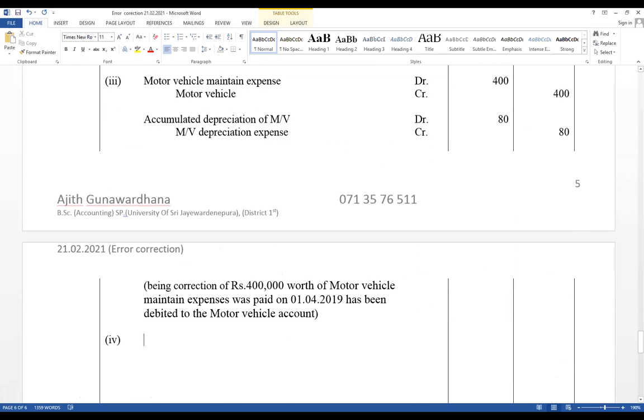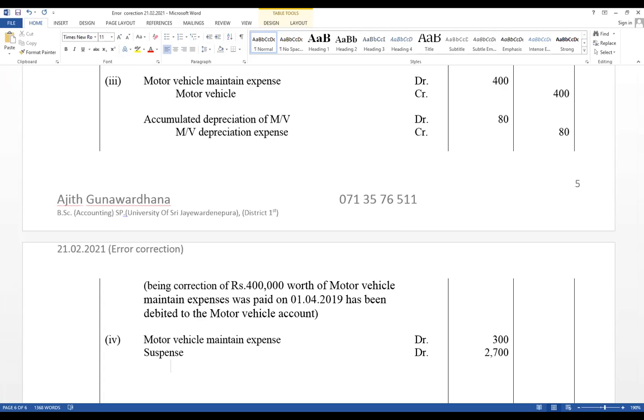Motor vehicle maintenance expense account debit, value equal 300, as well as suspense account debit, difference value 2,700, as well as motor vehicle account credit.